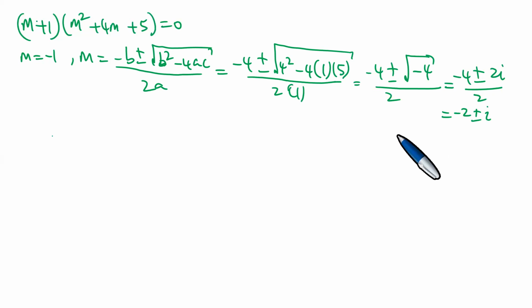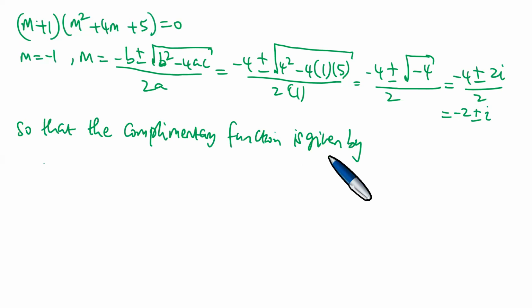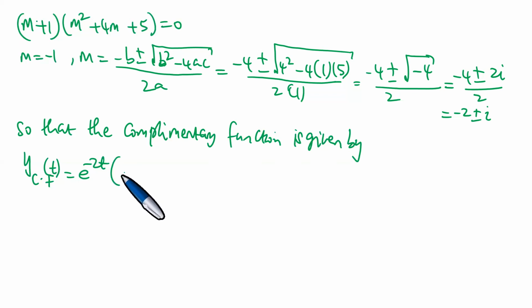What is the complementary function? The complementary function is given by y complementary function of t equals e to the minus 2t, a cosine t plus b sine t.